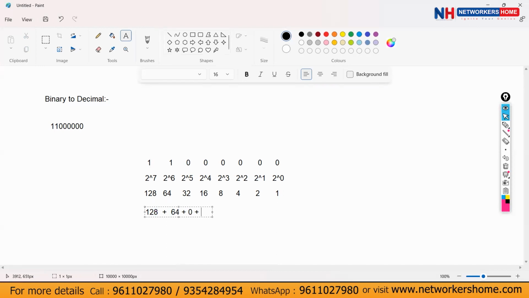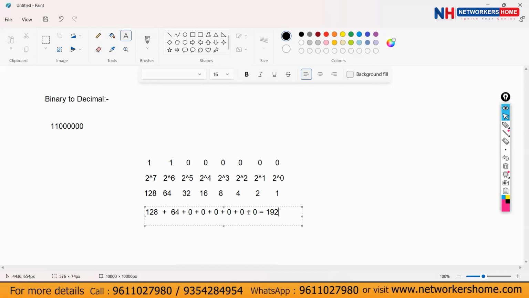Plus 16 into 0, 0. 8 into 0, 0. 4 into 0, 0. 2 into 0, 0. 1 into 0, 0. Now, if you add all these numbers, what is the number you get? 128 plus 64? 192.